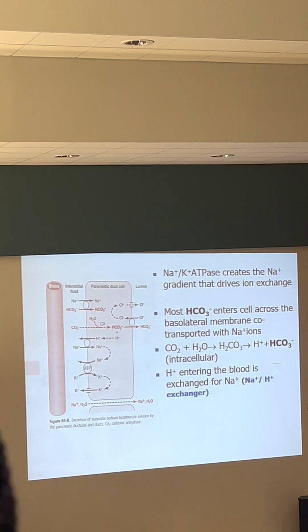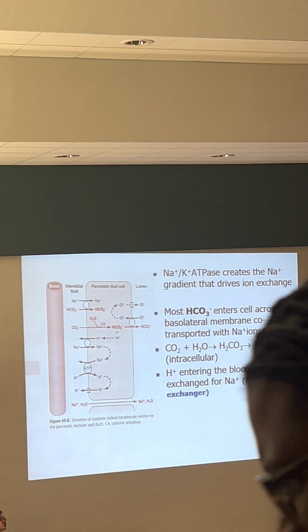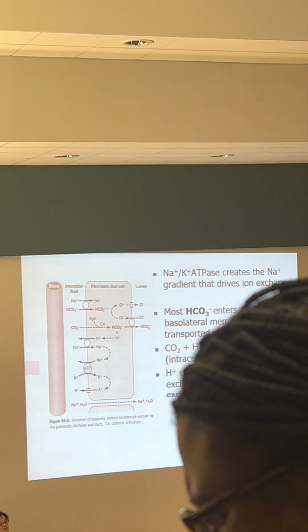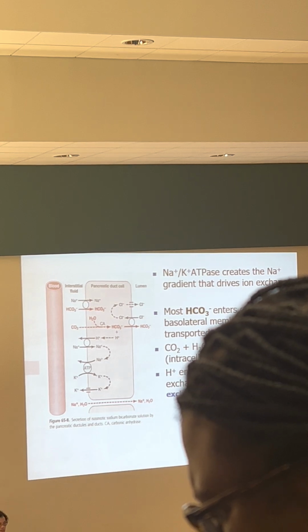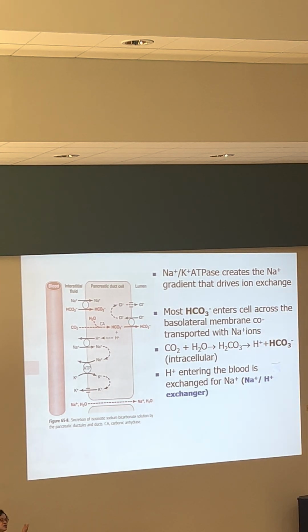And the hydrogen that is being created is actually being exchanged for sodium as well. So both the hydrogen-sodium exchange as well as the co-transport of bicarbonate with sodium are due to the sodium gradient that is created by the pumping action of the ATPase. Okay? So that is as simple as we can get it.